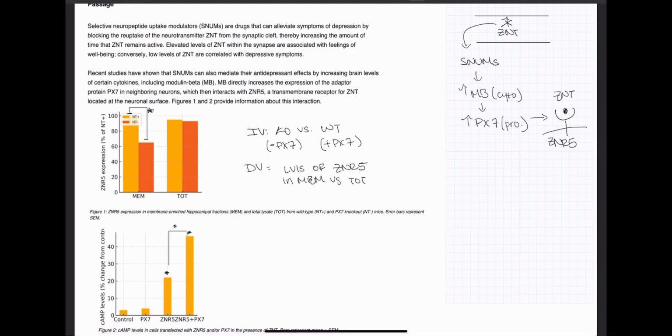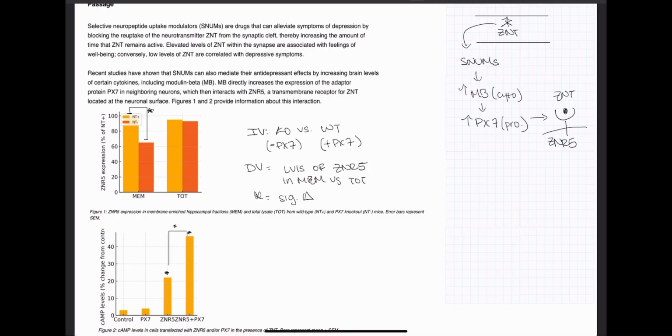So figure 1, when we evaluate it, the total membrane levels are different. They're significantly different. The star equals significant difference. But the total lysate has no difference in how much ZNR5 expression there is, but on the membrane, there is a significant difference when PX7 is knocked out.